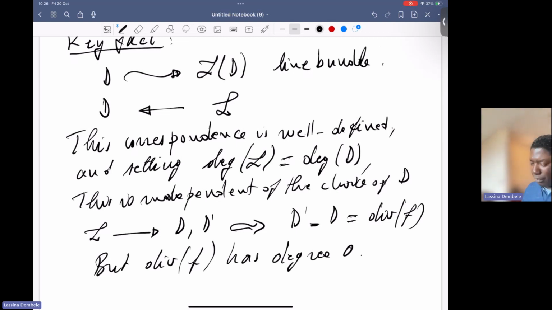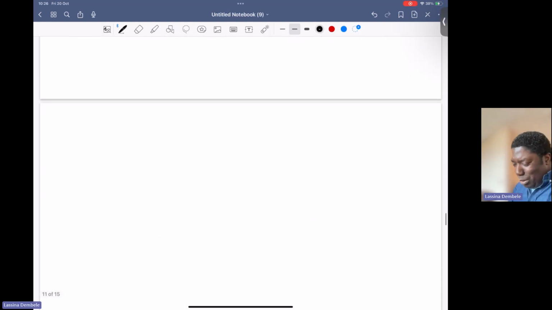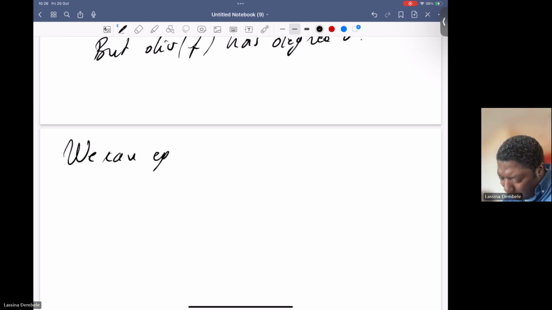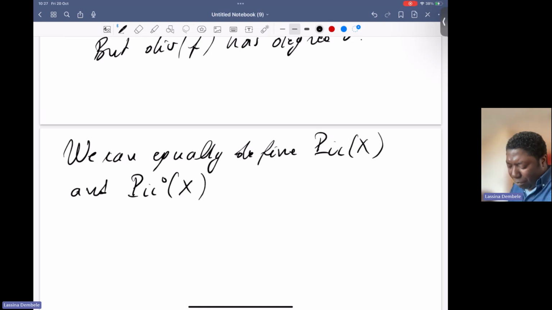So basically, the reason why I say all of this is that it means that we can equally define Pic(X) and Pic^0(X) as follows.